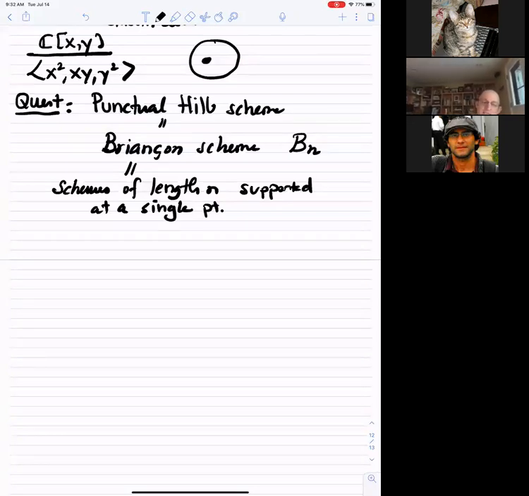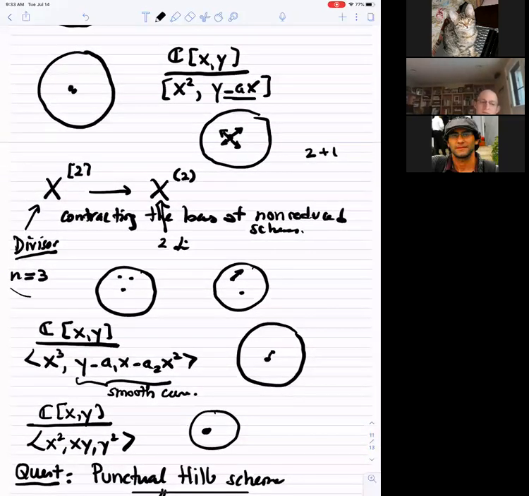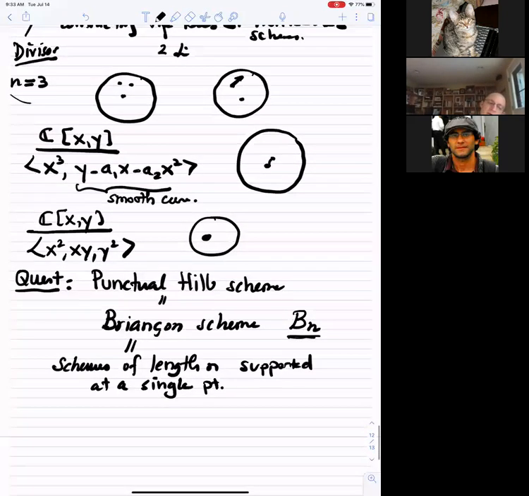And then the question you can ask is, what does this look like? In the case when n was 2, this was pretty easy. It looks like P1, because I just choose a tangent. It's the projectivization of the tangent space at that point. But as you can see, already when you have 3 points, you have curvilinear schemes, those that lie on a smooth curve, and those that don't lie on a smooth curve.